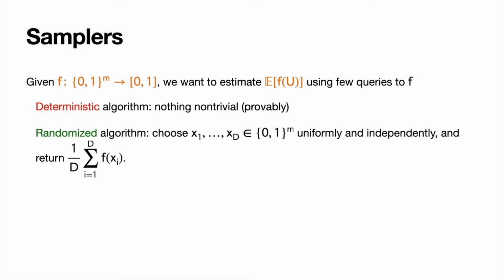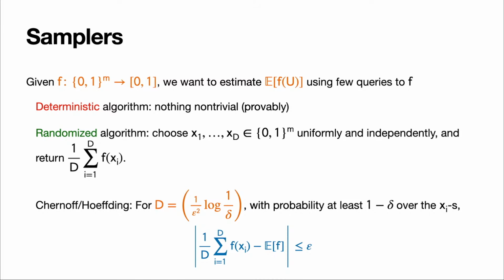The obvious randomized algorithm would be to choose x1 up to x capital D uniformly and independently at random and return the average of the f of xi's.